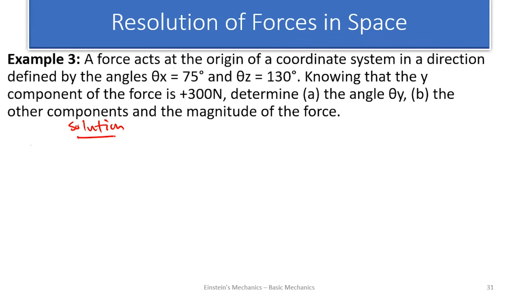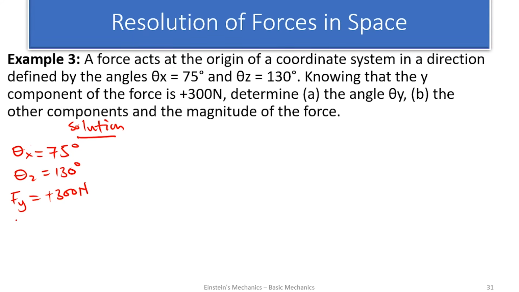Let's get our parameters down. So I have theta x, pay attention to this question, 75 degrees. I have my theta z, 130 degrees. I also have, knowing that the y component of the force, which is Fy, to be positive 300 newtons.